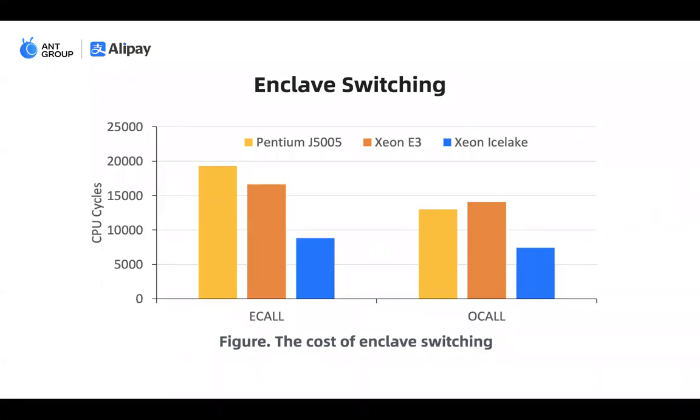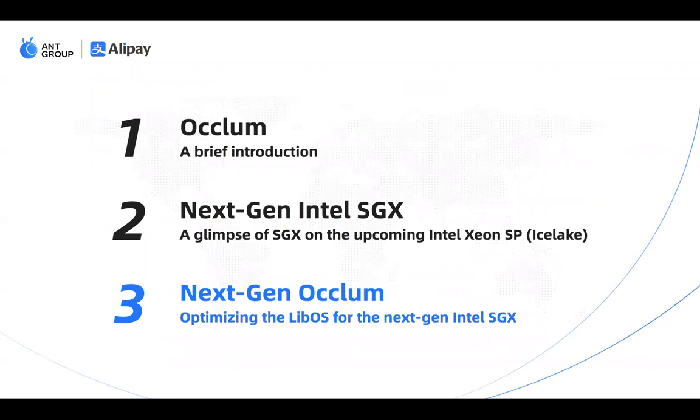So as software developers, as the designers of a library OS for SGX, we need to take this into consideration and think of some ways to improve the performance. This is why we started the next gen Occlum project, which is an experimental fork of the Occlum project, where we want to make some radical changes for optimal performance on the new SGX.